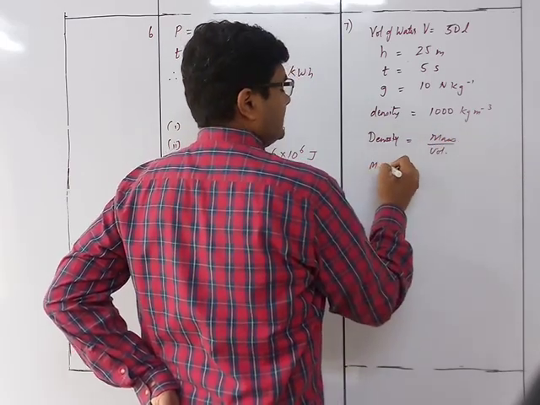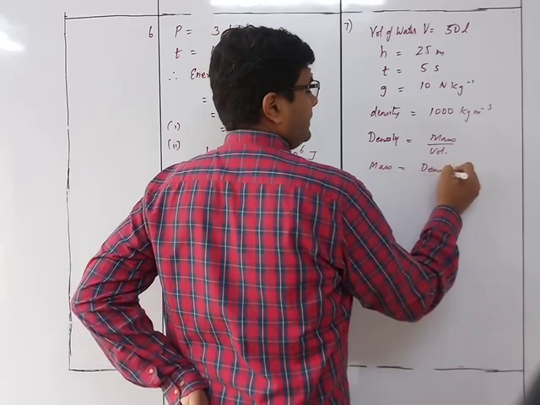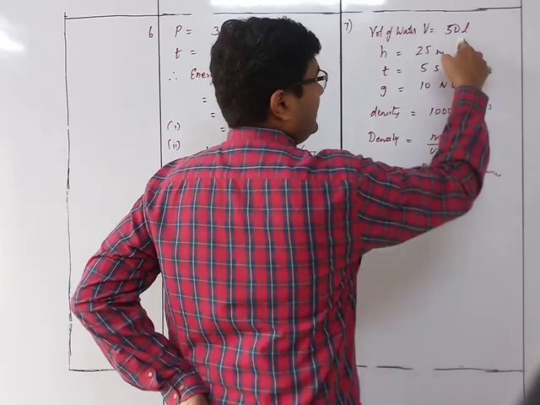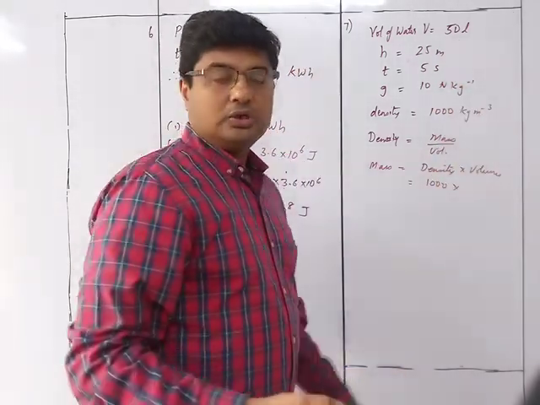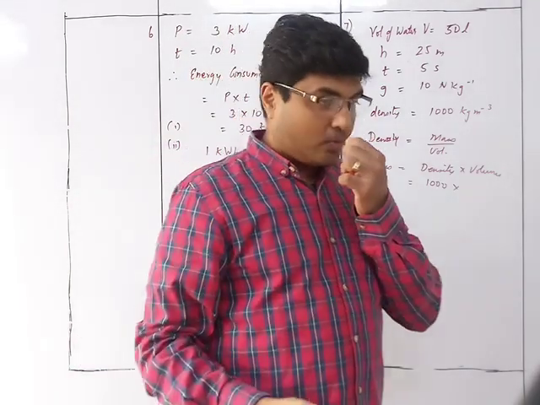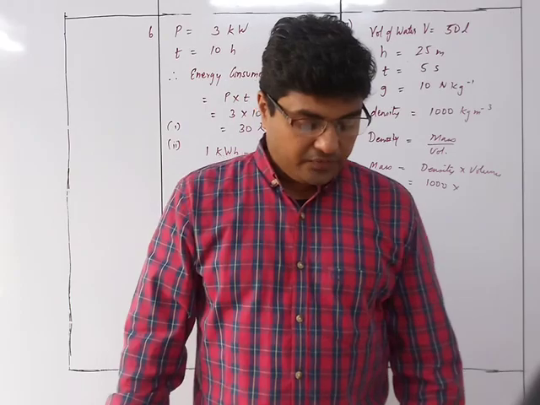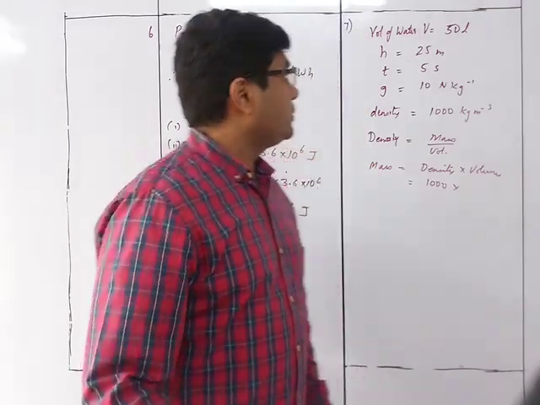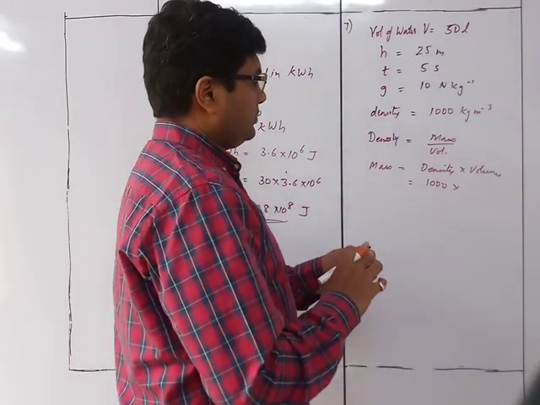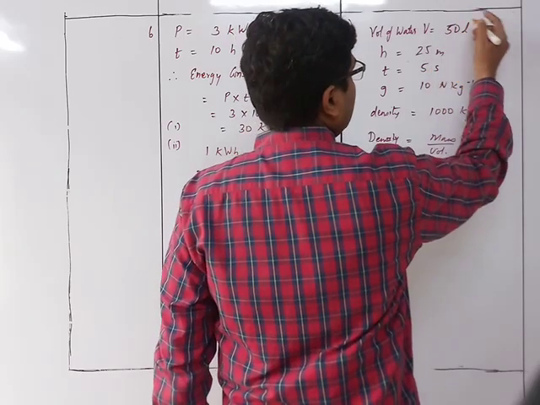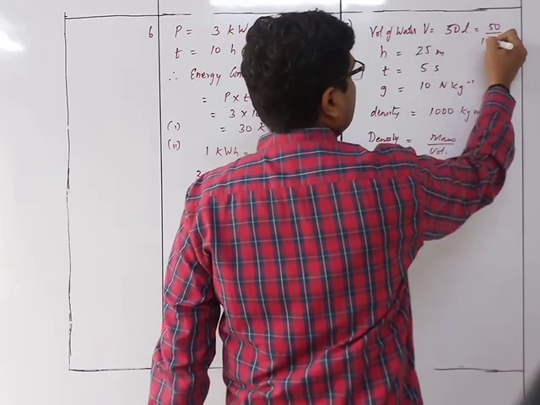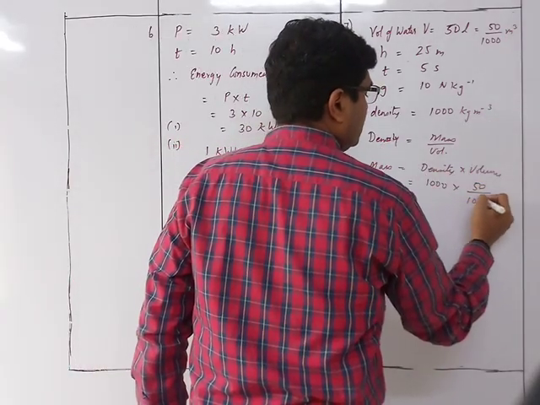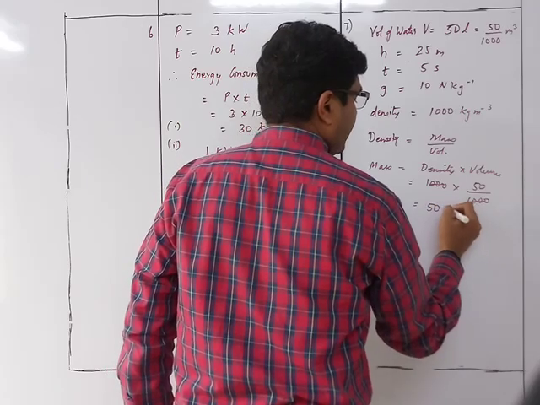So mass is equal to density into volume, equal to 1000 into the volume. The volume is in liters, so I'll have to convert liters first into meter cube. 50 liters will be equal to 50 upon 1000 meter cube. So the 1000 gets cancelled, and mass is equal to 50 kg.